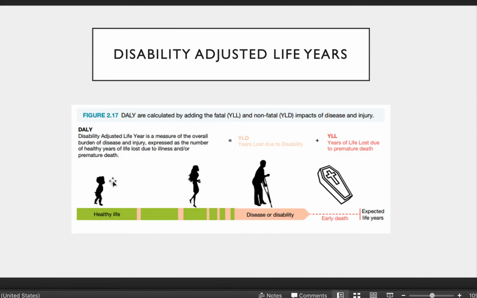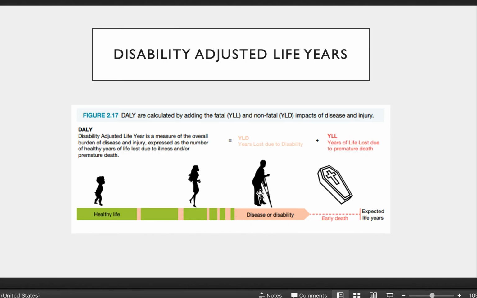So, somebody is born, they're expected to live to their regular life expectancy with no complications. Somebody is diagnosed with a disability. They live their life with that disability until they have the end of their life prematurely, potentially. We know that if there is premature death, that is YLL, years of life lost due to premature death.